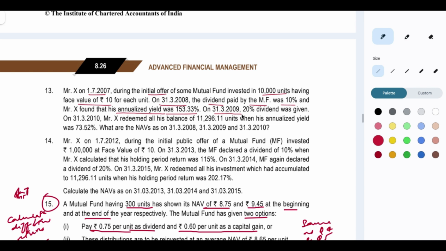On 31/3/2009, 20% dividend was given. On 31/3/2010, Mr. X redeemed all his balance of 11296.11 units when his annualized yield was 73.52%. What are the NAVs as on 31/3/2009, 31/3/2010 and 31/3/2008? By drawing a timeline.